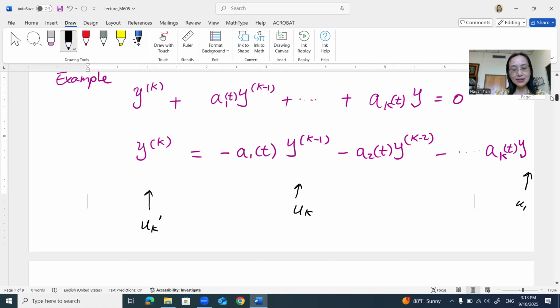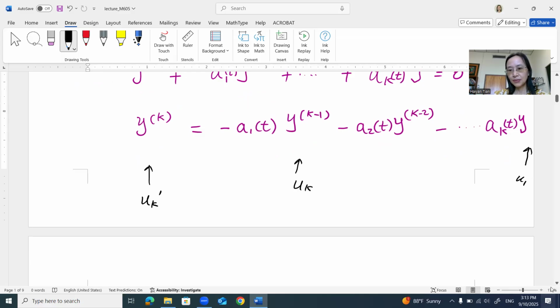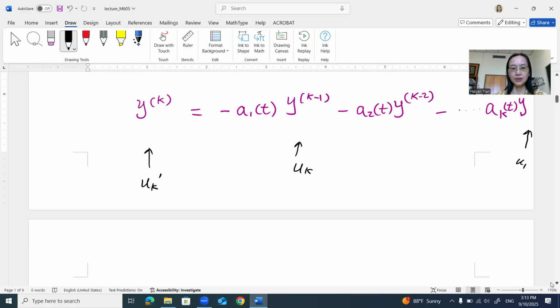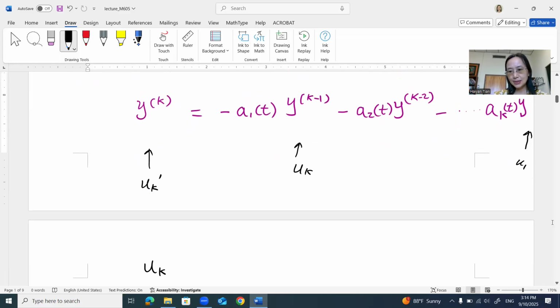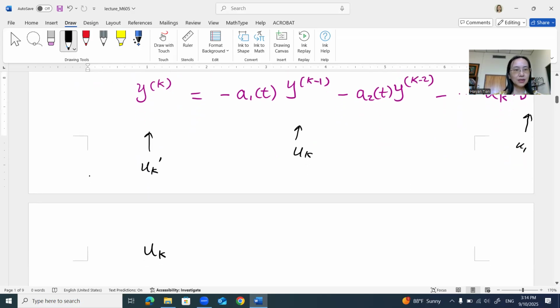So let's go ahead and do the reduction. The kth order derivative of y becomes uk. Actually we need a little bit more room, so let's move it up.